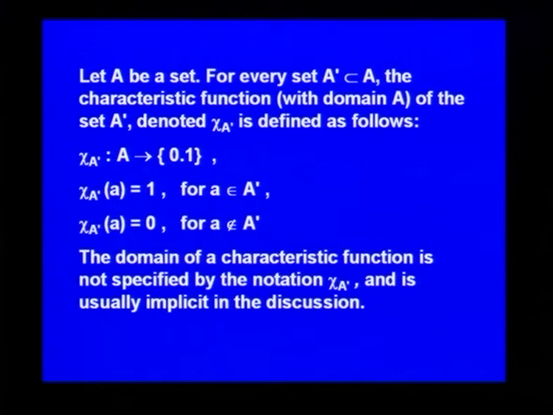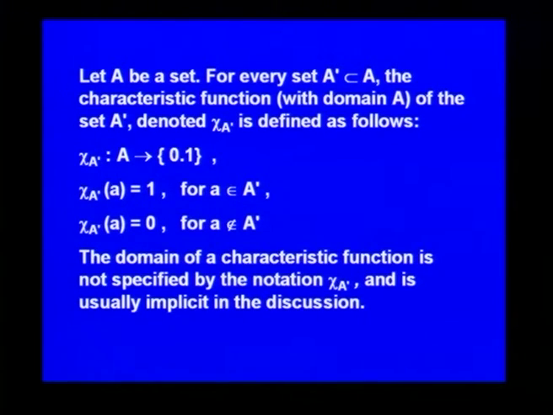When will it be mapped onto 1? If a belongs to A dash, and if a does not belong to A dash, it will be mapped onto 0. So chi A dash of a is equal to 1 for a belonging to A dash, and chi A dash of a is equal to 0 for a not belonging to A dash. This is how you define it.